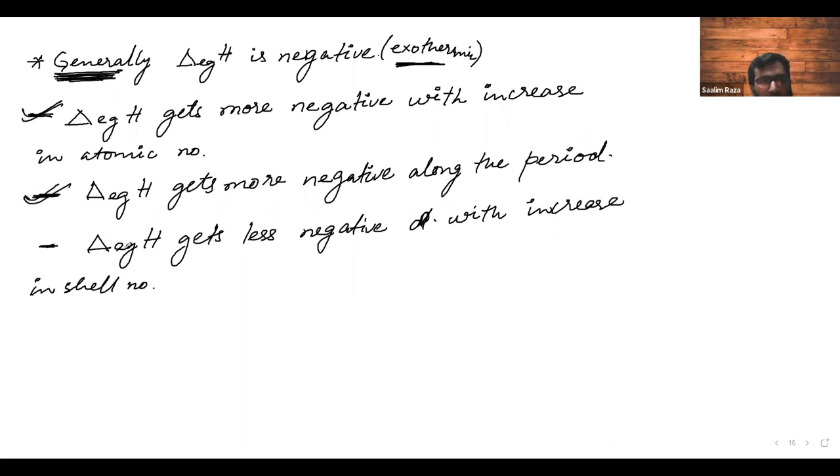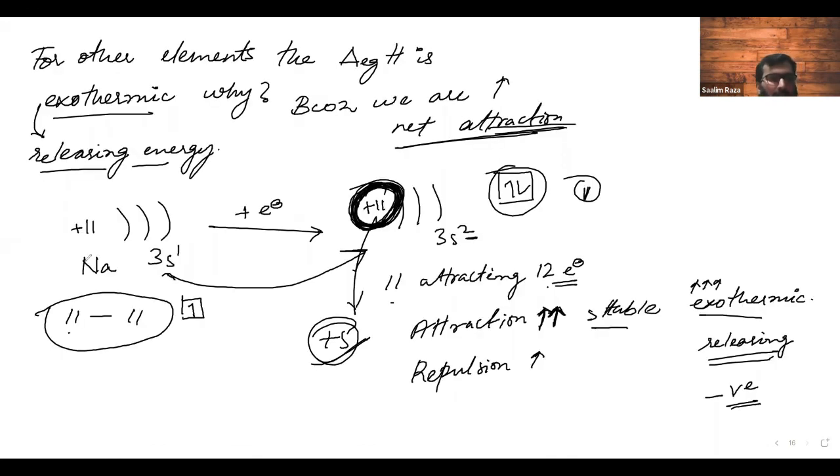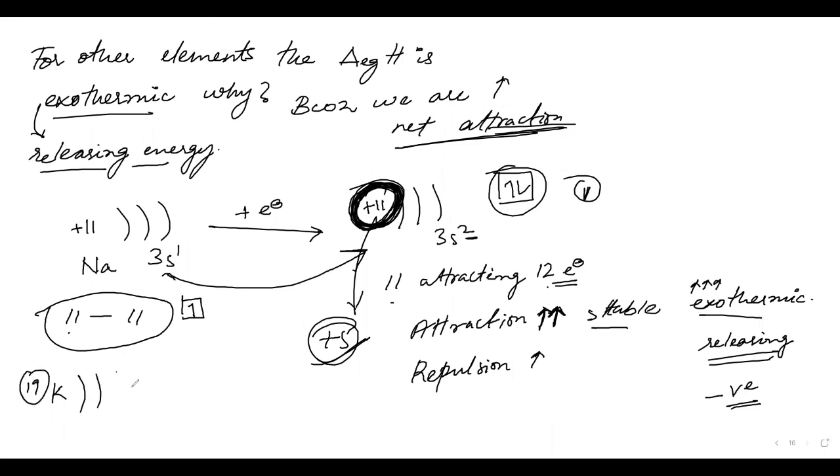Let us go to this statement. Electron gain enthalpy gets less negative with increase in shell number. Let me explain this. We have sodium, we will have potassium. What is the atomic number for K? 19. But now what has happened?